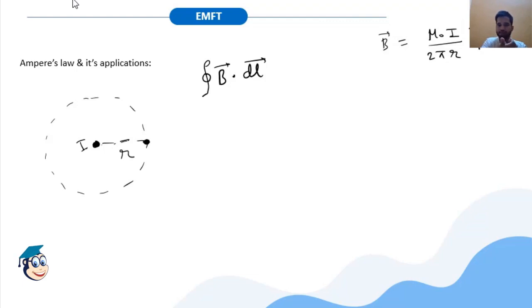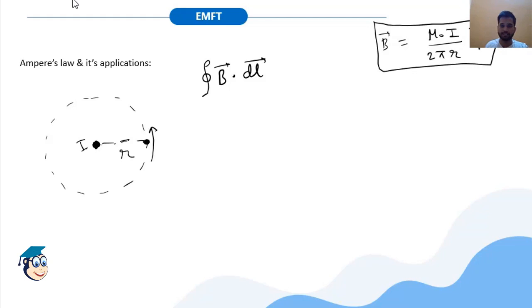Then the curl of your fingers will show the direction of the magnetic field. Put your thumb pointing outward of your screen, and your fingers will curl in the phi cap direction. So the magnetic field is mu naught I over 2 pi r phi cap.